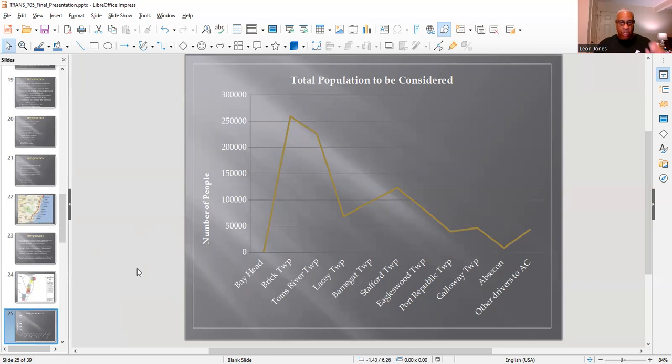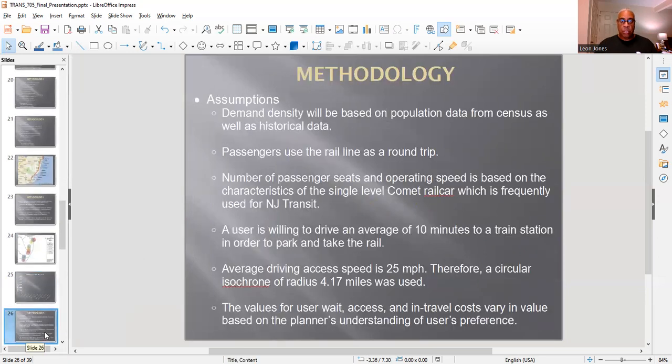Population, we deal with the number of people per township. And you see most of your people are going to go right up to Brick Township. Again, I'll leave this information up so you can check it out for yourself. And it'll also be on my LinkedIn page.